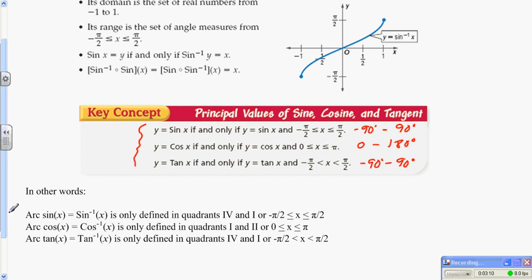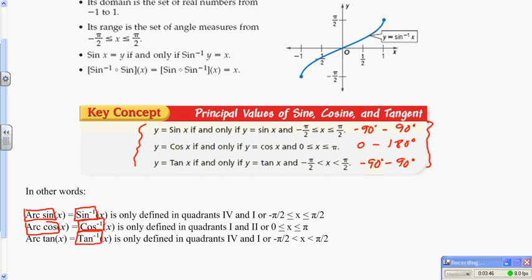Notation is going to change a little bit here. When do they want us to use this limited window? The way they tell you that is by the notation arc sine, arc cosine, arc tangent, or capital S sine inverse, capital C cosine inverse, and capital T tangent inverse.